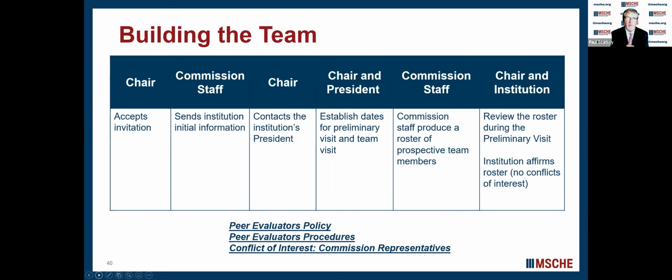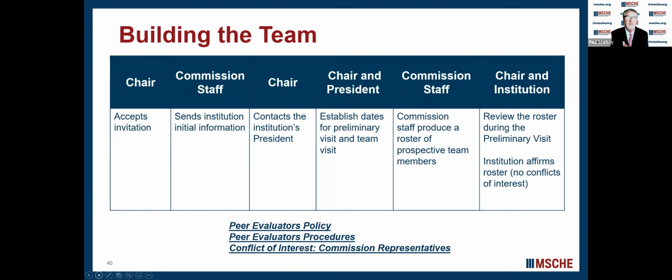And if they're okay with that person, we will ask the chair. So the commission staff and the institution will send information about the institution to the team chair, and he or she will contact the institution's president and make plans for the preliminary team chair visit.